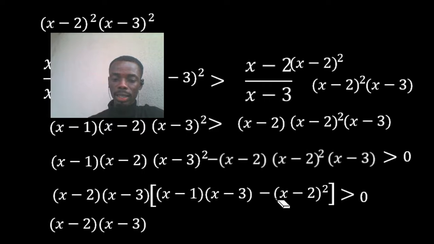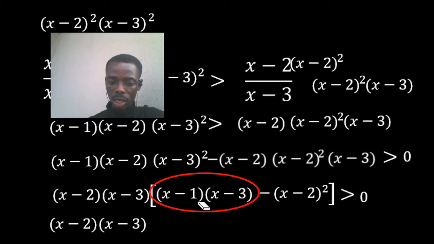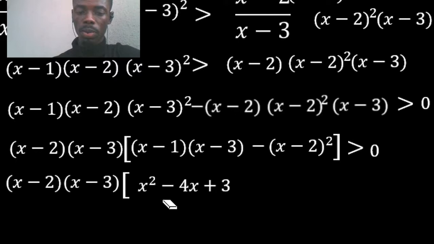Let me simplify this term first. If I should expand these two factors, I'm going to have x squared minus 4x plus 3. That's expansion. I have a video on expansion. Go watch it so that you know how I got this. I'm suggesting it's right here on your screen.